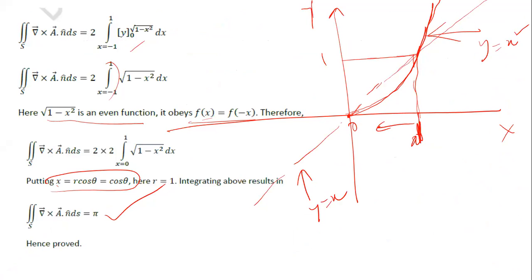Now, we are considering a region bounded by these two lines. This is one line, y equal to x. This is another curve, y equal to x square. So the region bounded by these two will be this region. This is the region under consideration for our problem.